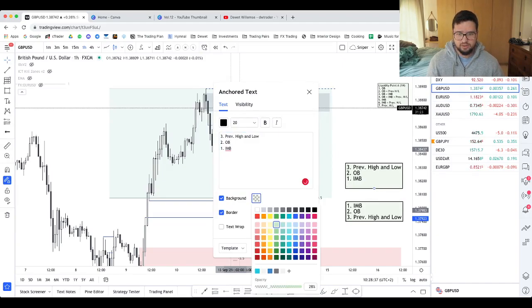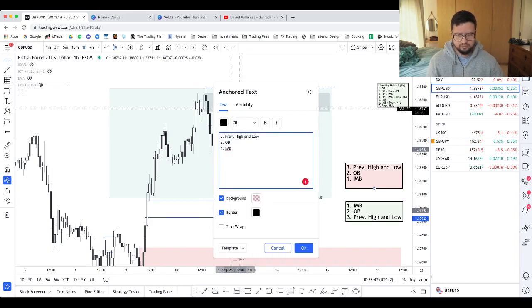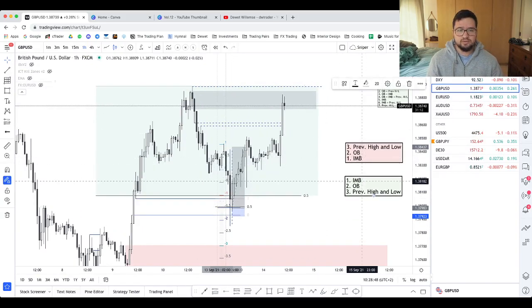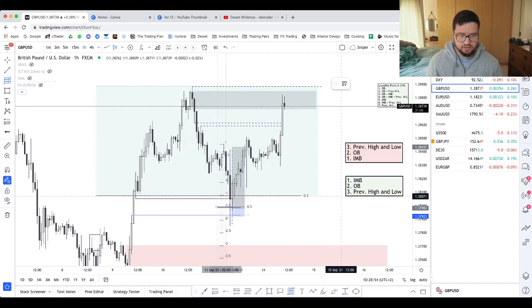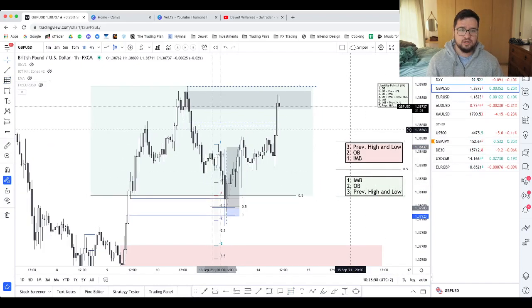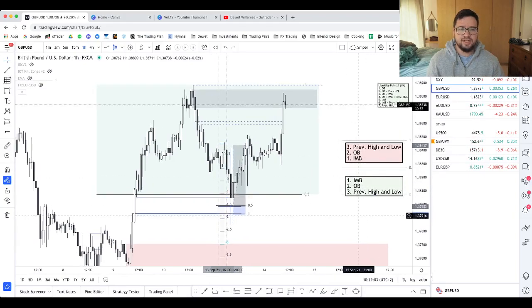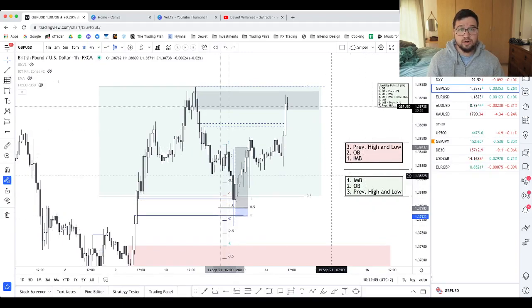Let's just make it the color into our premium areas of interest, and you can visually do it like this. You can say that it's 50%, imbalance, order block, previous high, imbalance, order block, previous high. So that is the order of events, the order of things that we're looking for.